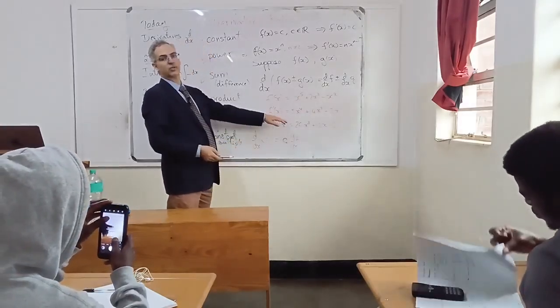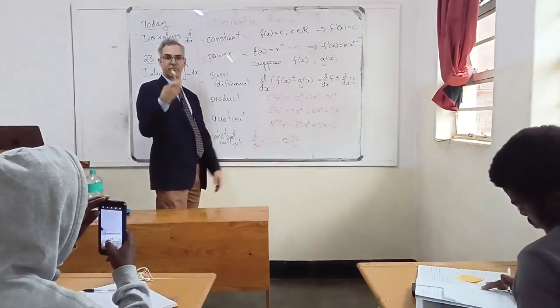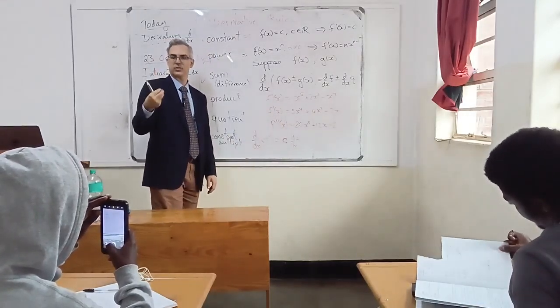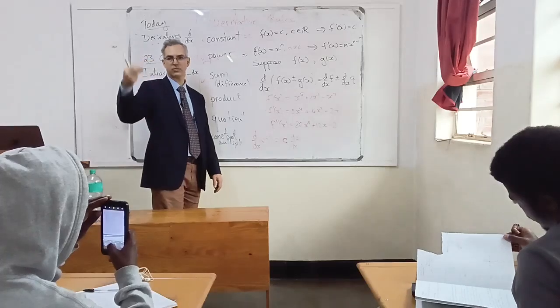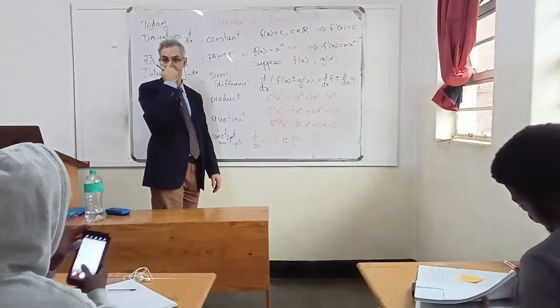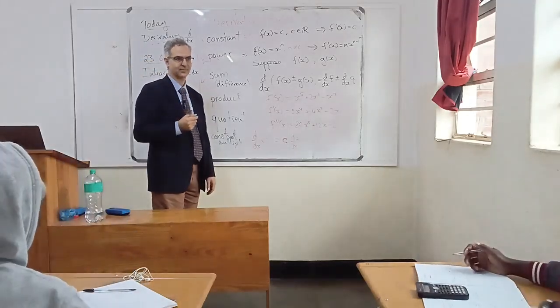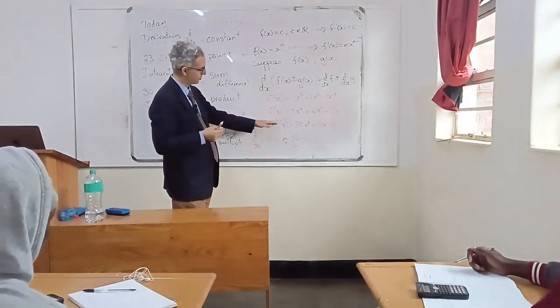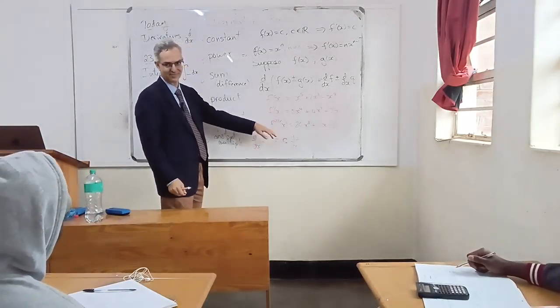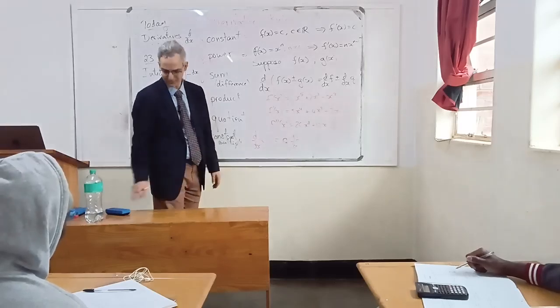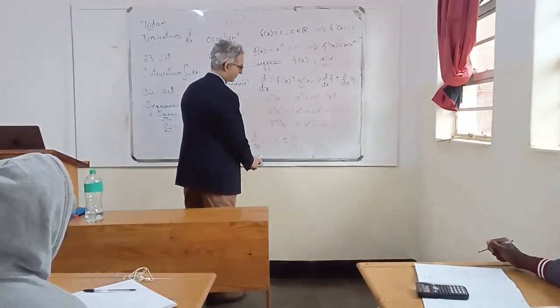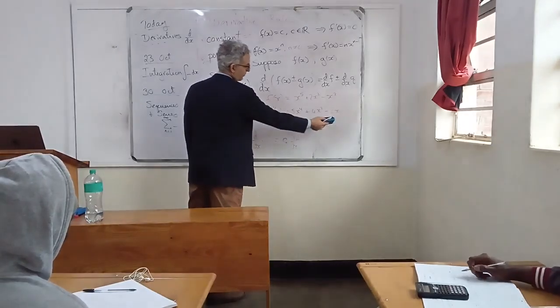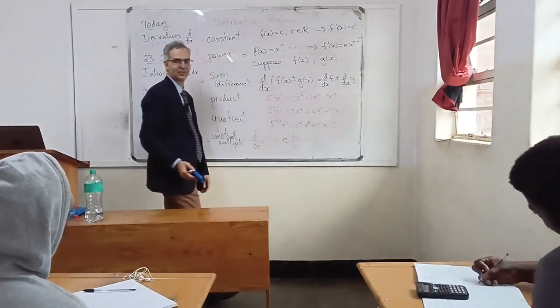So we could keep going, because every derivative is a function. You can take the derivative of a function, so you can go f triple prime, and so on. Eventually, if you do this, what do you think will happen?